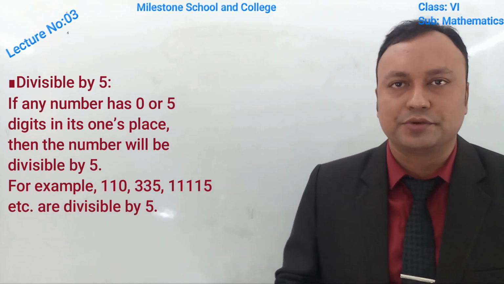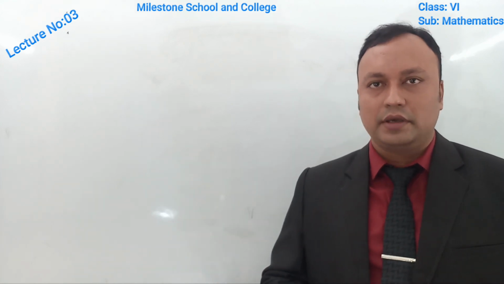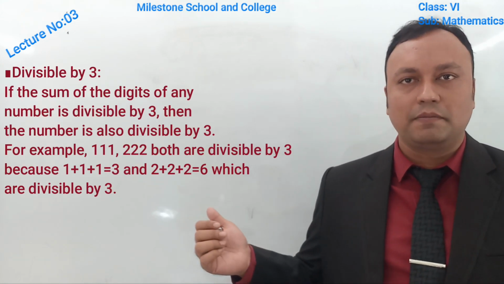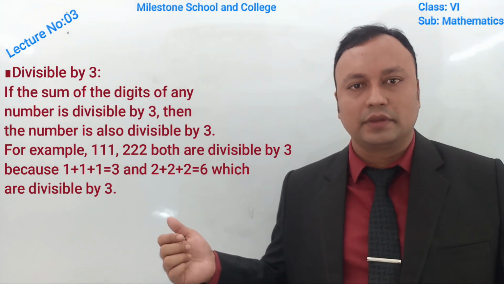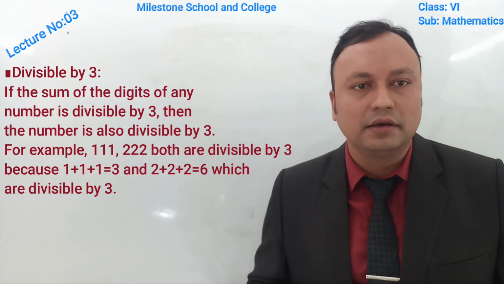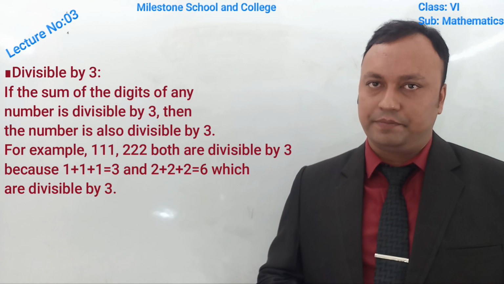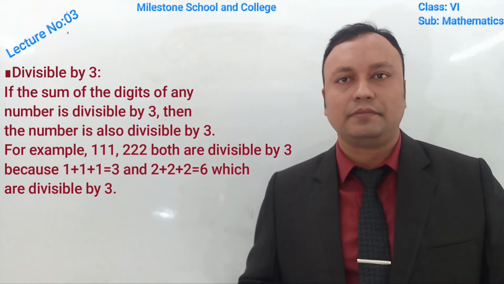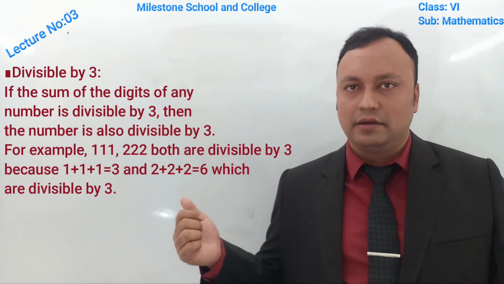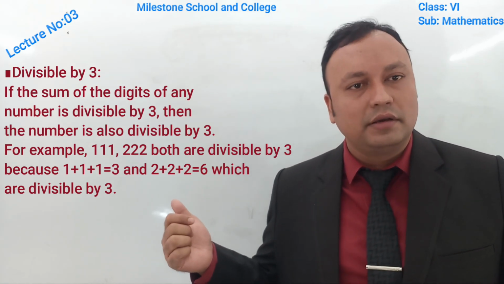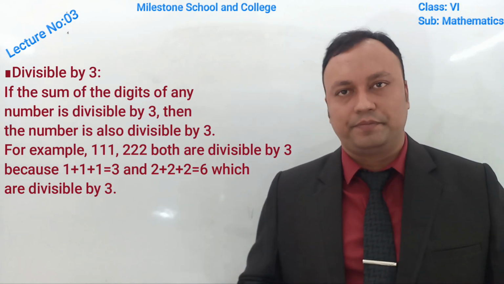Now, my dear students, divisible by 3. If the sum of the digits of any number is divisible by 3, then the number is also divisible by 3. Again I am saying, if the sum of the digits of any number is divisible by 3, then the number is also divisible by 3.